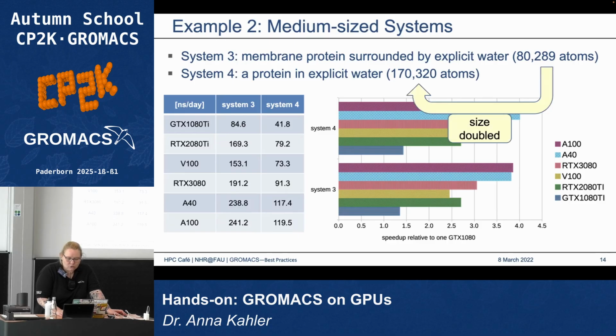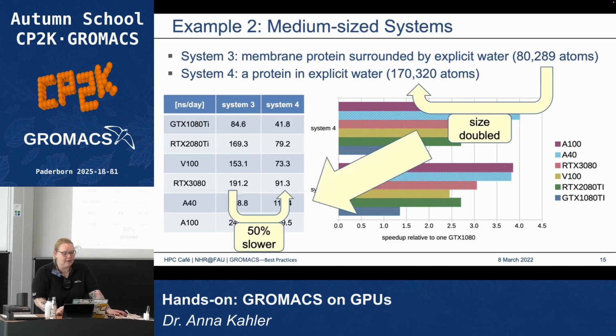What is also clear with these benchmarks is that if you double the size of the simulation system, regardless of whether it is a membrane protein or not, so we only count the number of atoms here, the performance decreases by 50%.